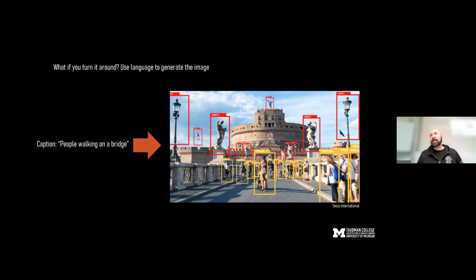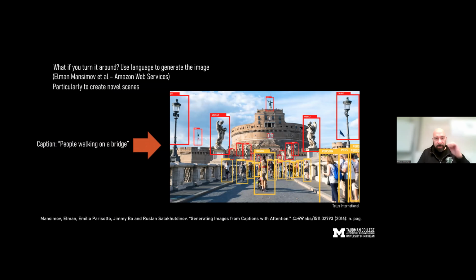Now somebody came up with the idea, what happens if you turn this around? We take the sentence and let the machine generate the image. And this was Elman Mansinov and others at Amazon Web Services. They also created a paper right away called Generating Images from Captions with Attention. That's basically the idea they had.